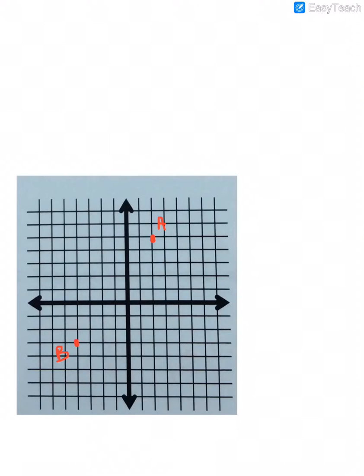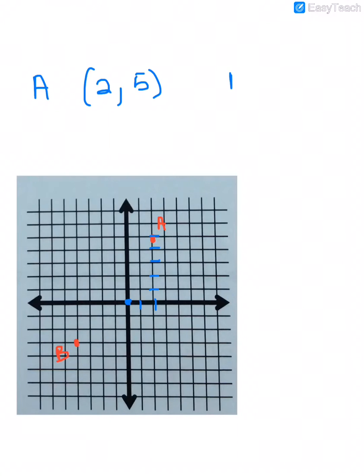If we're going to tell the coordinates of point A on this graph, we start at the origin, which is right in the center, and then we count how far we go to the left, 1, 2 spaces, so that's my x-coordinate. And then we count how far we go up, 1, 2, 3, 4, 5, and so 5 is my y-coordinate. So the coordinates of point A are 2, 5.